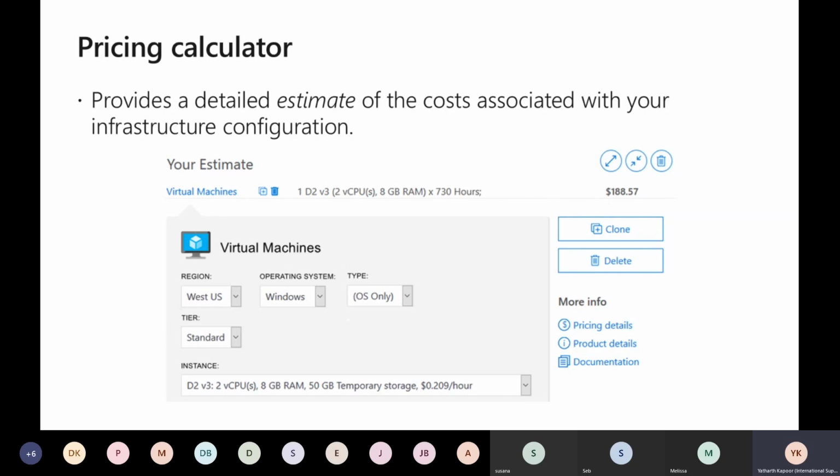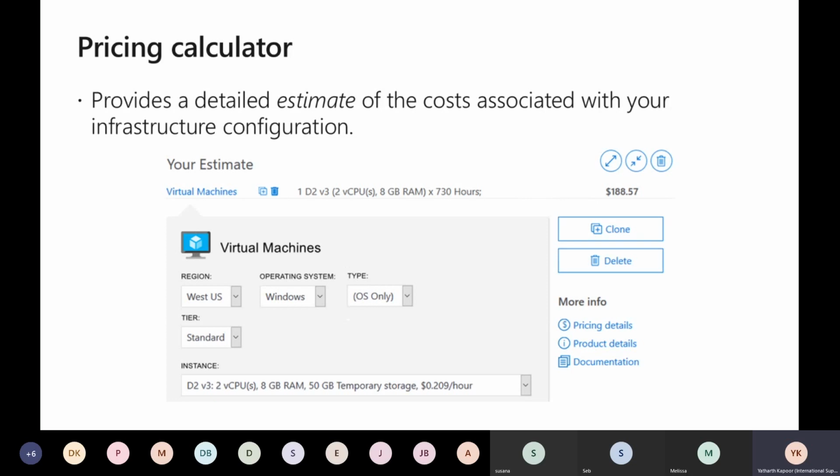If the customer goes through the partner channel, the partners are going to give them a 10 to 20% discount on these services. It totally depends upon the partner, and most of them do provide discounts at this rate. So this is something that we use, the pricing calculator.